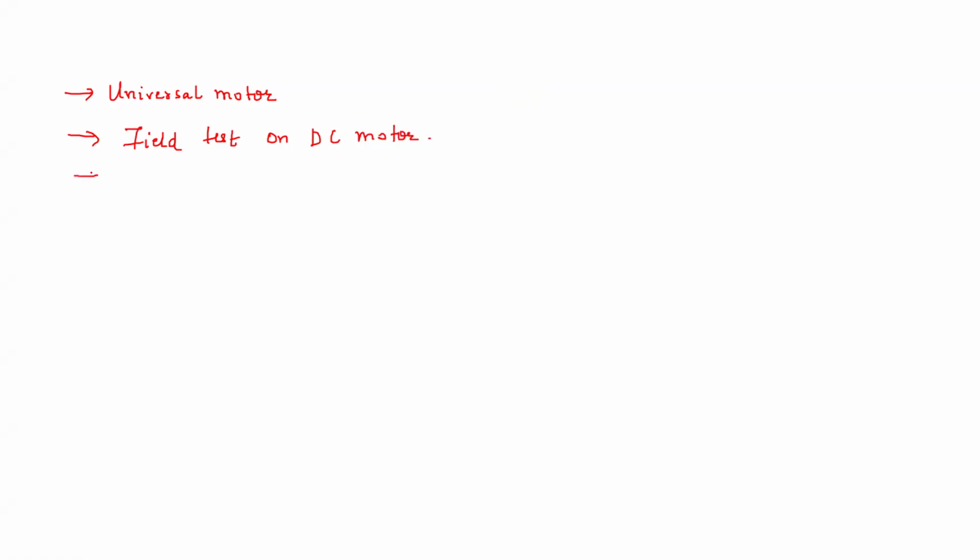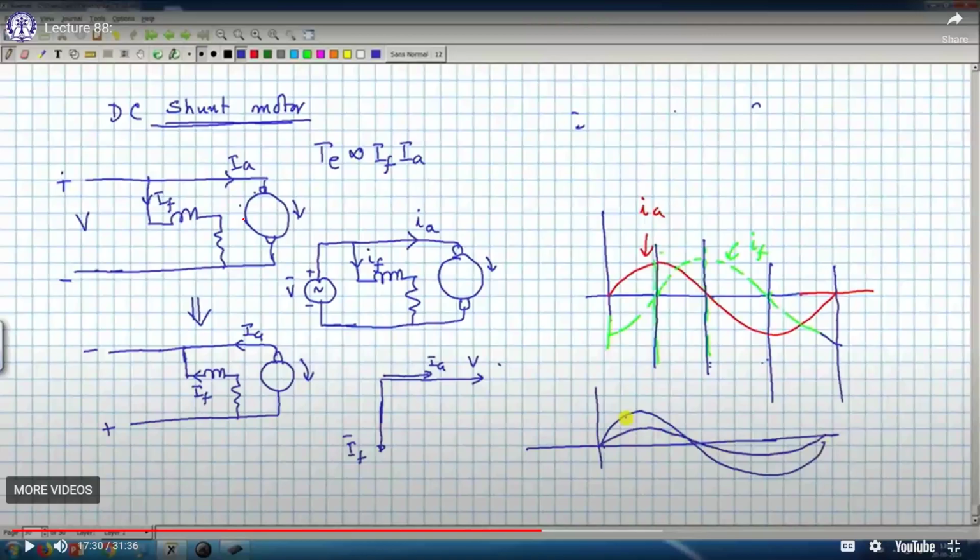And then we will also discuss DC motor electrical braking. So these are the three things which we will try to cover in this class. Okay. So let us start with the universal motor.